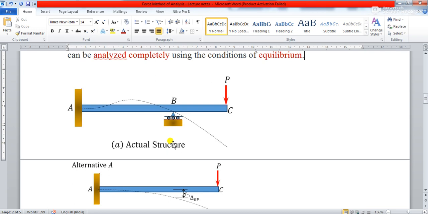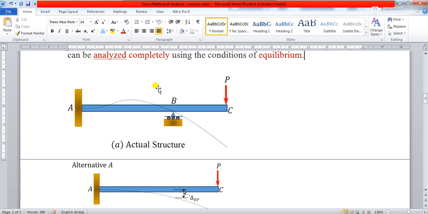Okay. Now what you have to do? If you remember, just a few minutes back I was telling you about the redundant force. Now you tell me, in this structure, if you want to solve it, what can be the redundant force?